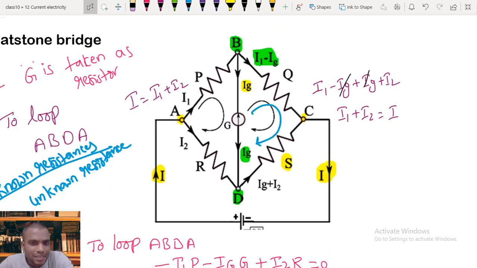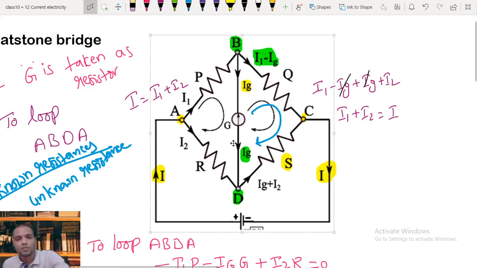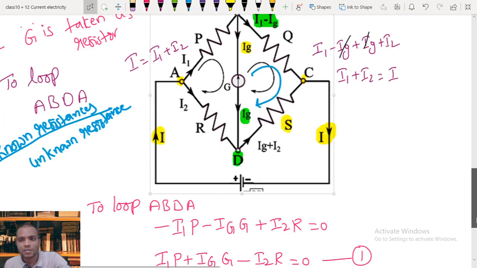So Wheatstone's bridge contains 5 resistors. Here the galvanometer resistance we also need to consider as one of the resistances.